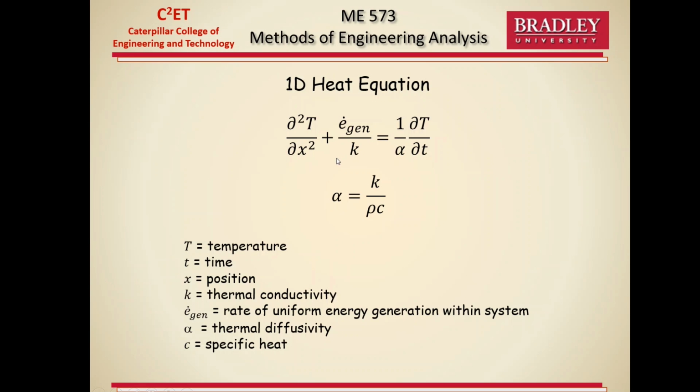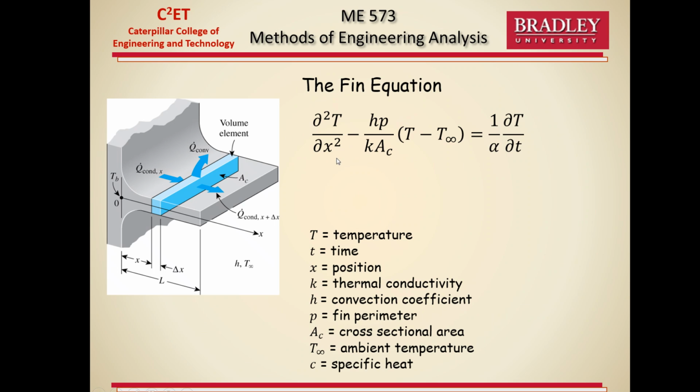All right, well, there's another version of the heat equation. It's called the fin equation. It's really just the same thing. The heat equation, you can see this term and this term that I'm indicating by the arrow are the same, but instead of a generation term, we've got a heat generation term. This is a convection term, which happens because the fin, or the part that plays the role of a fin, the part of the system, is in contact with a fluid most of the time.